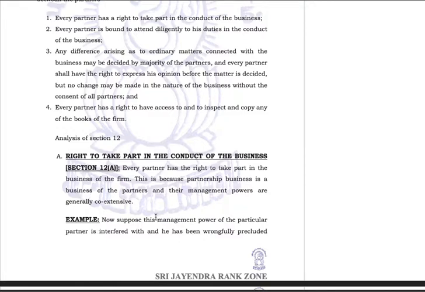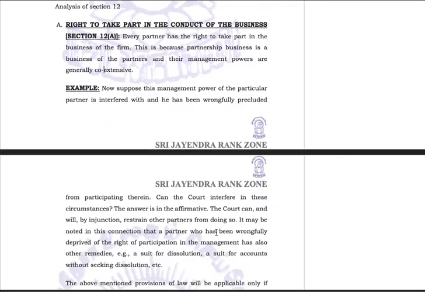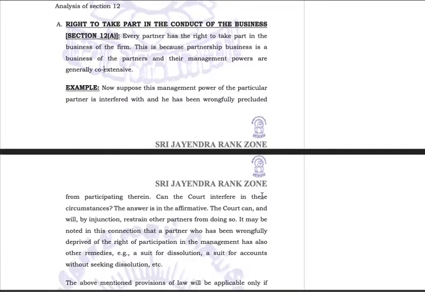Now suppose the management power of a particular partner is interfered with and he has been wrongfully precluded from participating therein. Can the court interfere in these circumstances? The answer is affirmative. Affirmative means yes, because you are trying to interfere wrongfully. The word is wrongfully. We are not saying contractually.